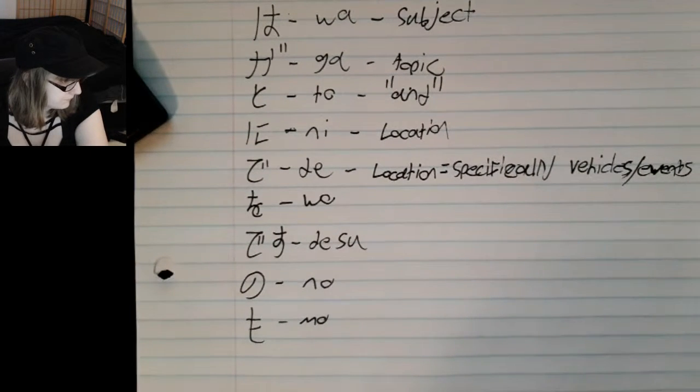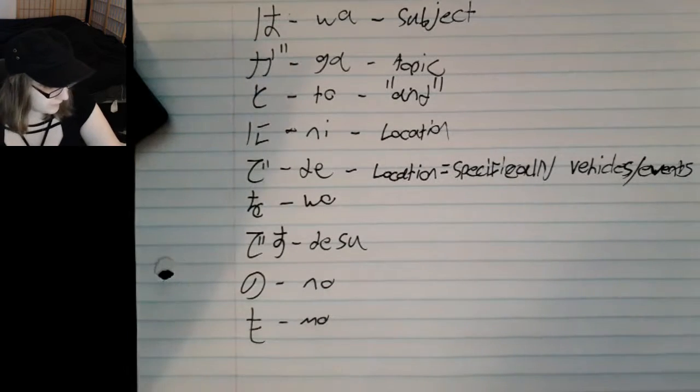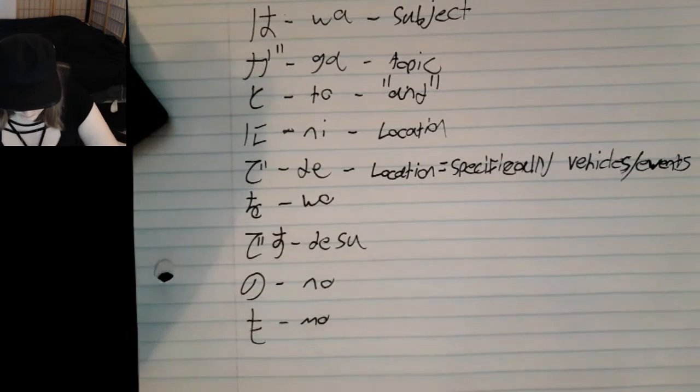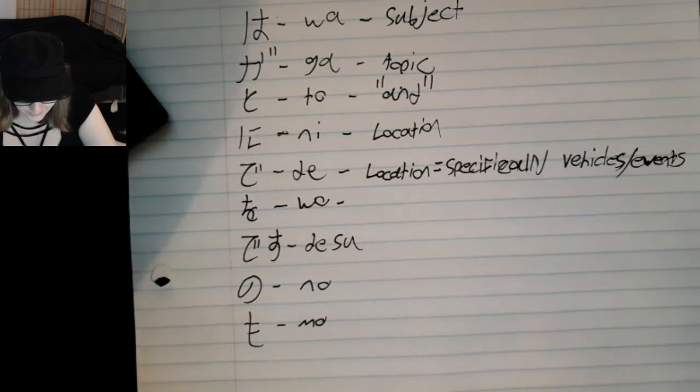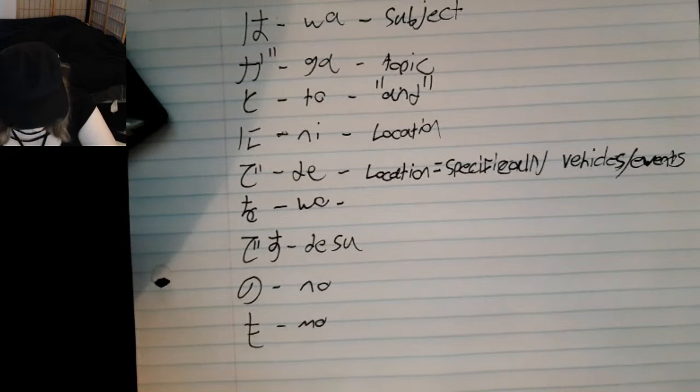Frame. All right, perfect. Wo, which has to do with things like an action upon.